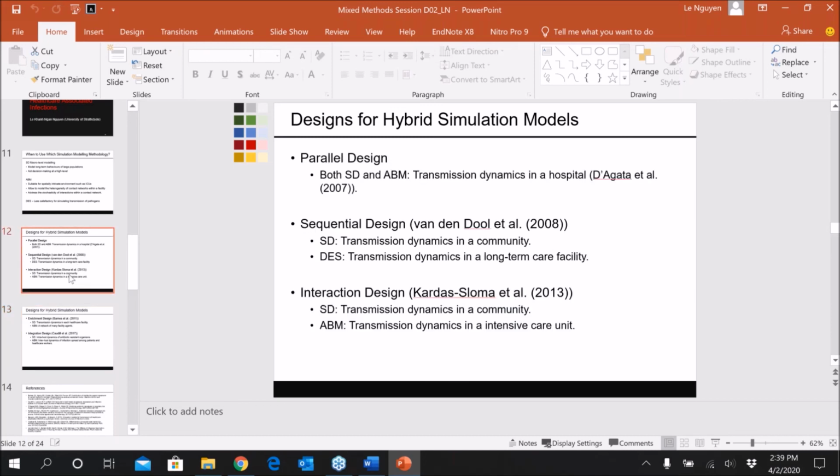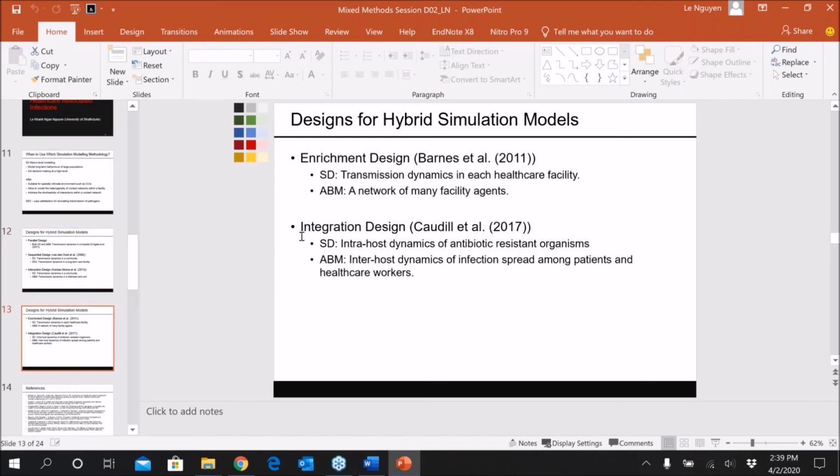There are a limited number of hybrid simulation models studying healthcare-associated infection; we actually found only 9 samples together. Taking the last one, which is an integration design, the SD model is used to simulate the within-host dynamics of antibiotic-resistant organisms inside each patient.